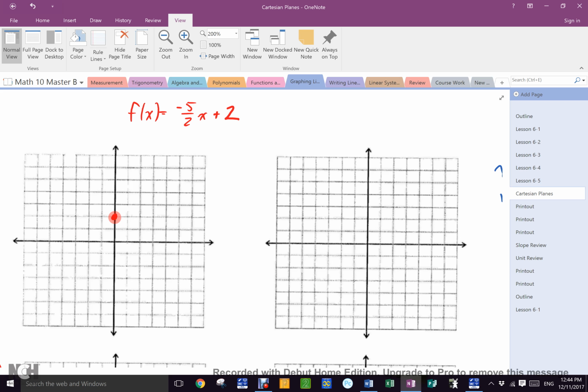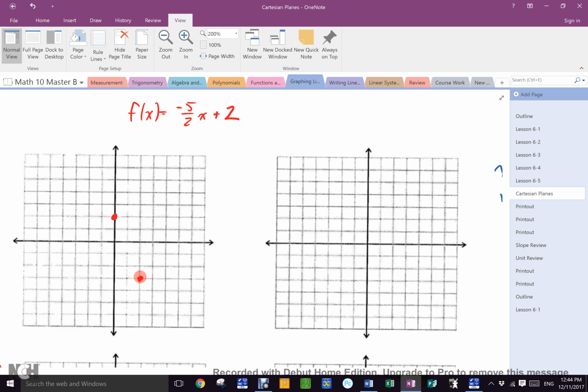Has everybody said a value? Great. Josh. Down -5. So right 2. Is Josh correct? Yes.